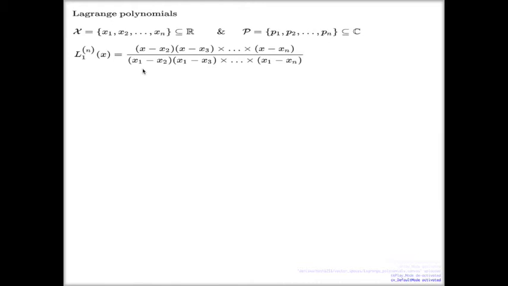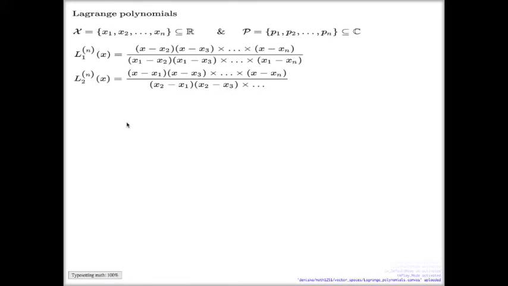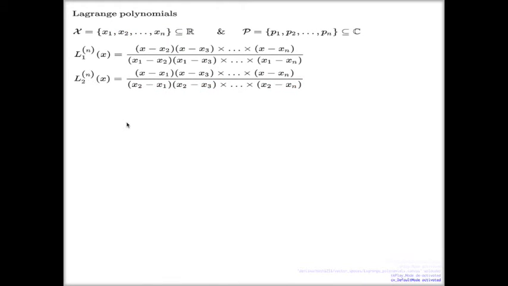If you follow the same logic, the second polynomial will be the linear brackets at the top where you use all of the points from this set except the second point. And the bottom will be just the top where x is replaced with the second point. That's the second Lagrange polynomial. Again, it's long to write, but the logic is very simple, and that's what you have to remember. All of the linear brackets with the x variable, except the point x2, and the bottom is where x is replaced with x2.